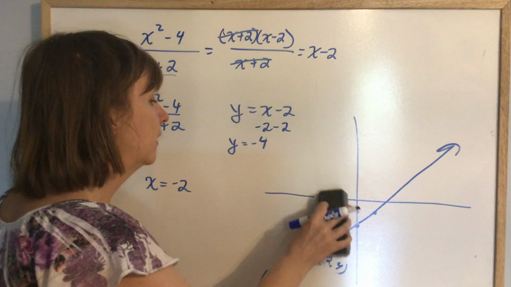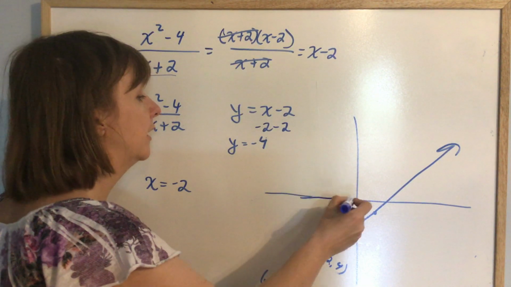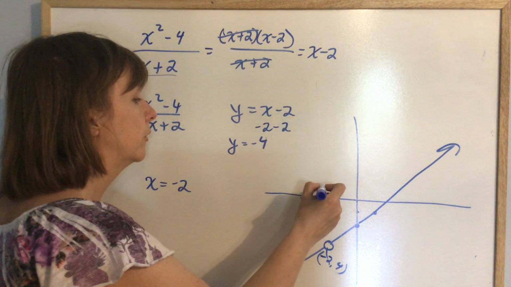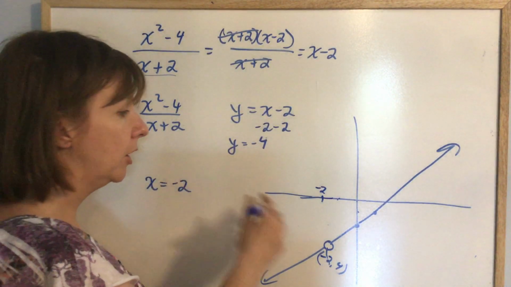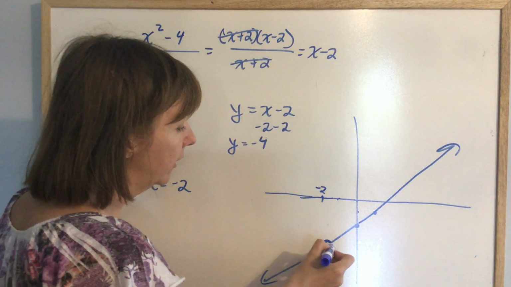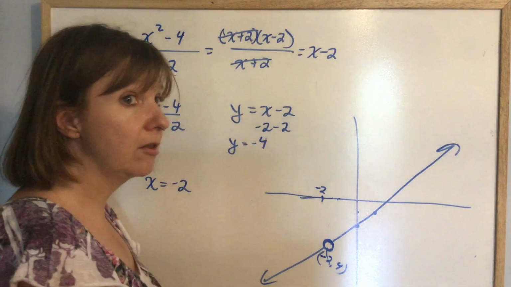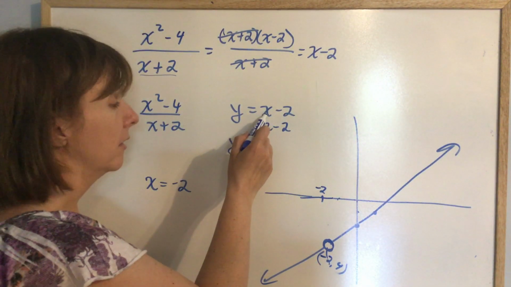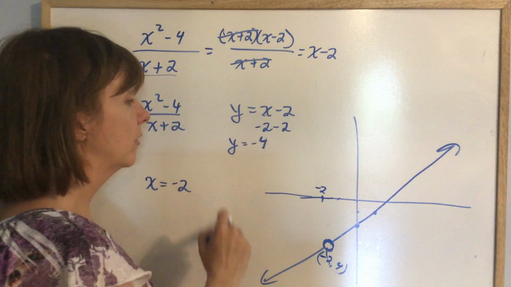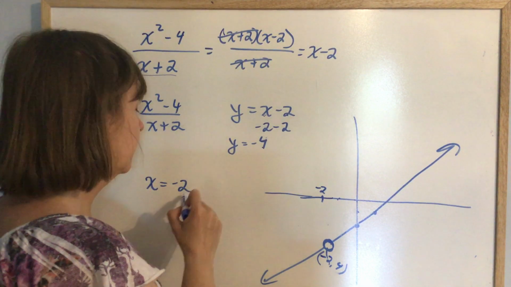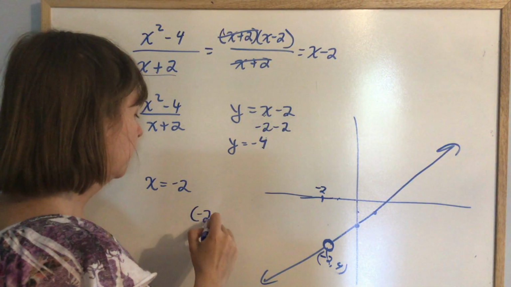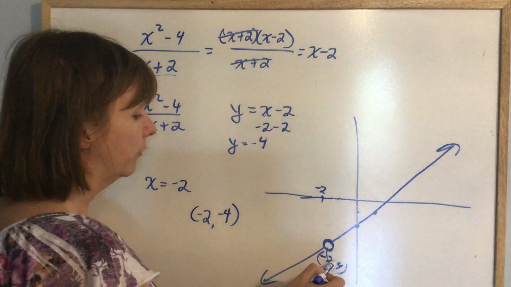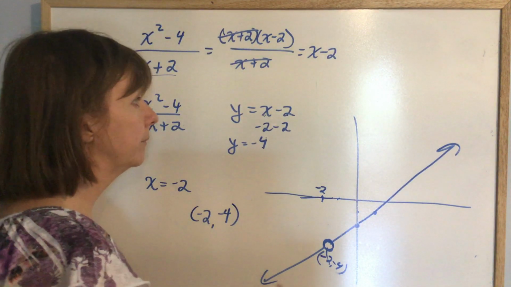It has to be on the line, and it's on the line when x is -2, because that's where the problem area is. So go down to your line, put your open circle. If you want to know exactly where that is, just put it into this one. -2 minus 2 is -4. So when my x is -2, my y is -4. So right here.